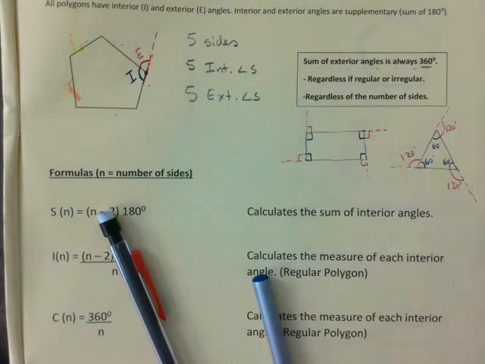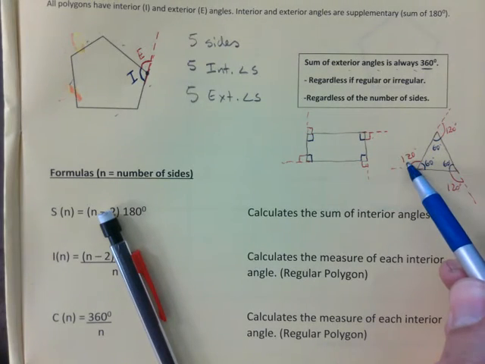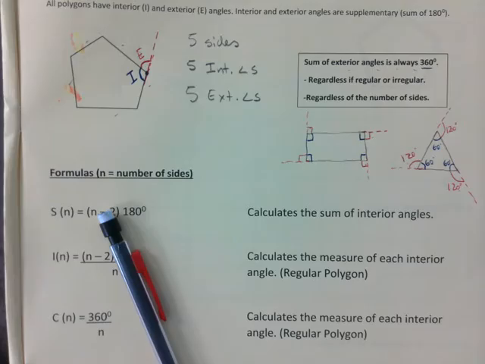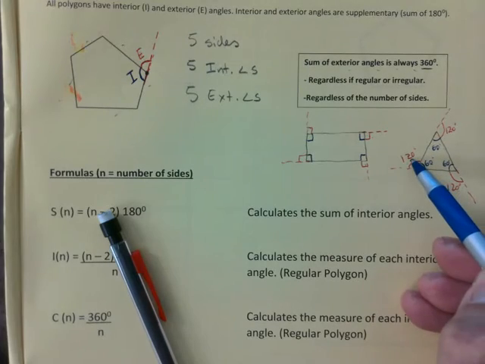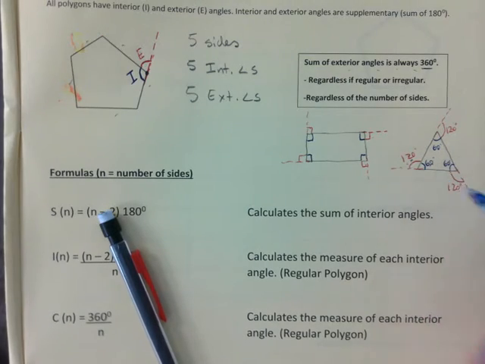At the same time, if you know the interior angle of a shape, you will automatically know the exterior. You just subtract it from 180 to get the exterior. Conversely, if you know the exterior, you can automatically find the interior. You would just subtract it from 180 because you know they add up to 180.